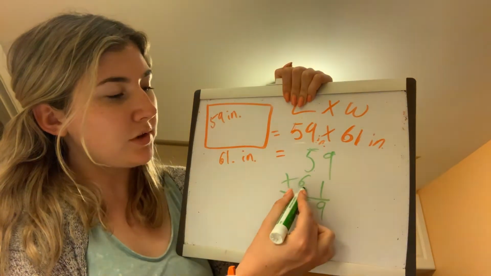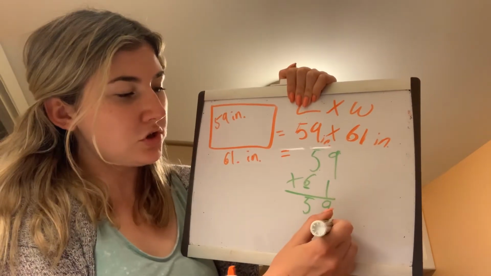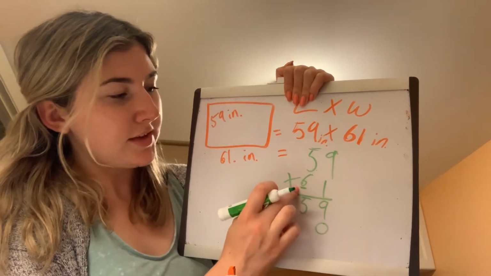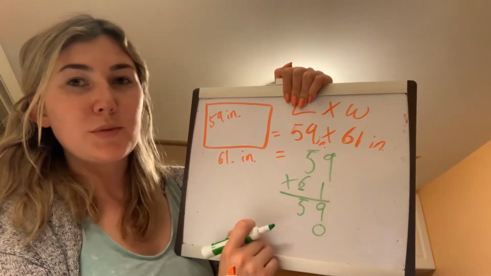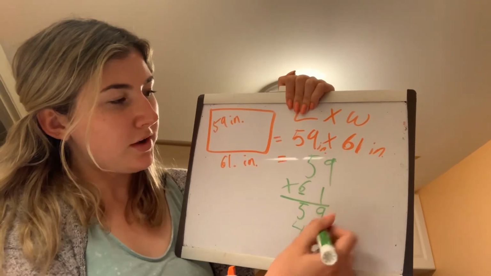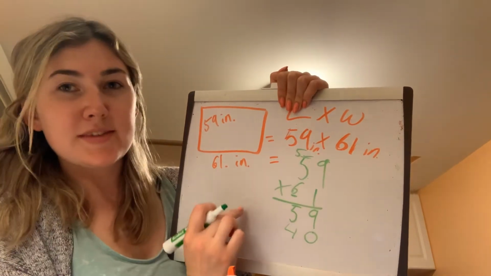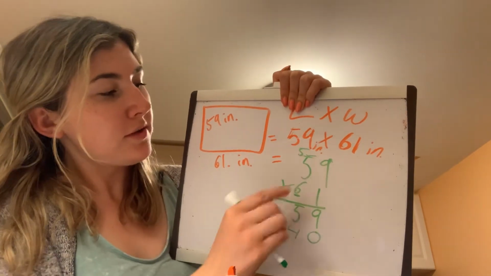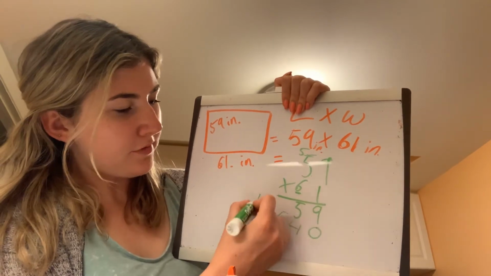Now next we'll be doing our tens column. Remember, we need to include our 0 to show that we're in the tens column. So then we'll do 6 times 9, which will give us 54. Drop the 4 here and carry over the 5. Next we have 5 times 6, which will give us 30, plus the 5 on top will be 35.